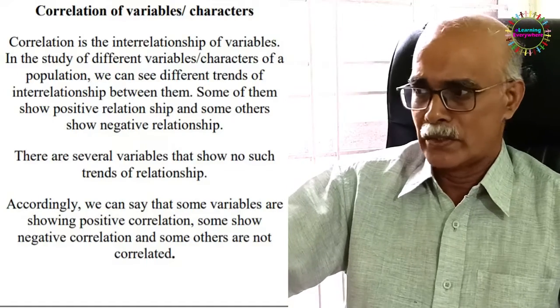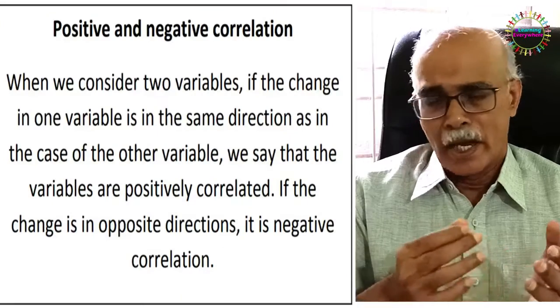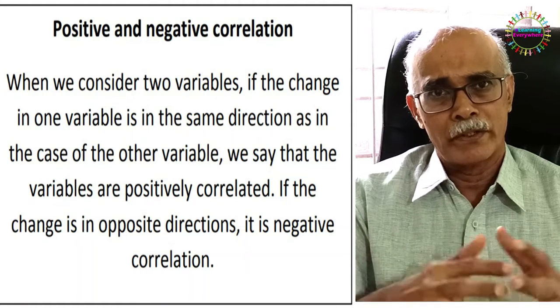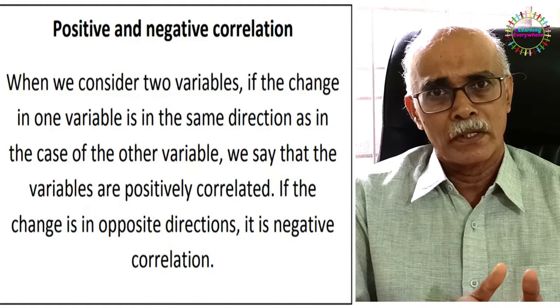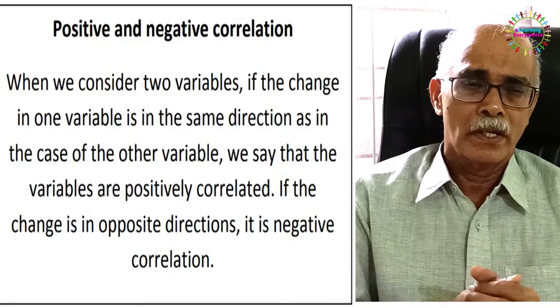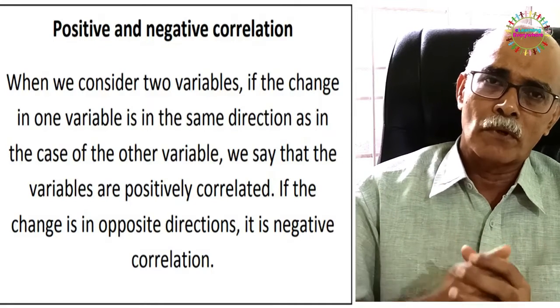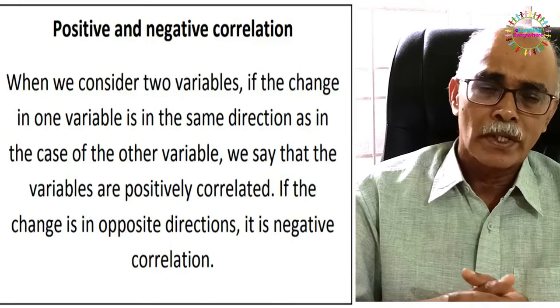So correlation analysis. As we have now seen, there is positive correlation and negative correlation. In positive correlation, when there are two variables, when the first variable increases in magnitude, the second variable also increases in magnitude.